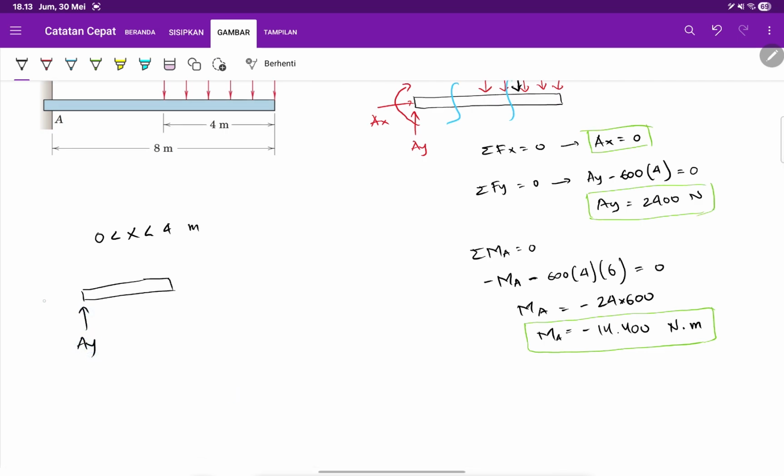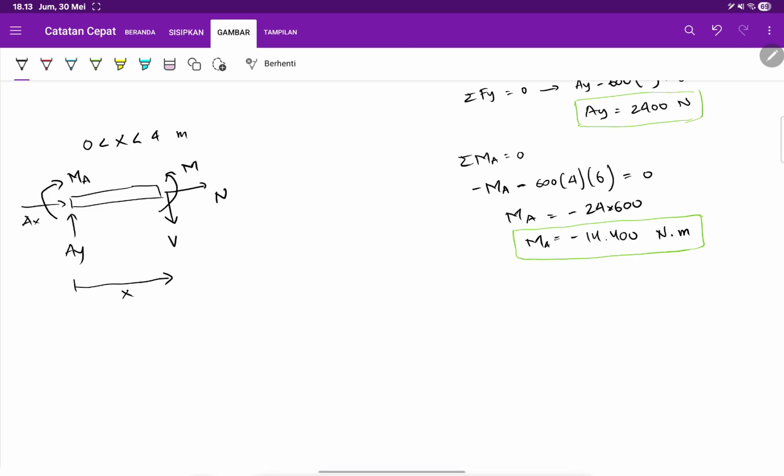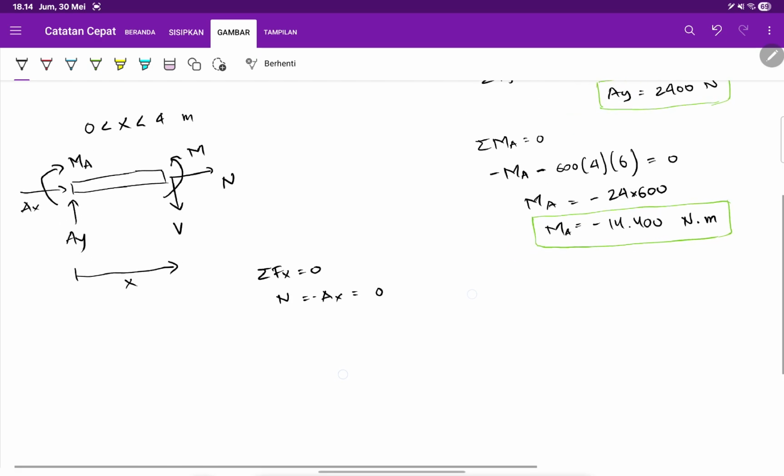And then you have this AY, you have AX, you have MA, and then you have V, N, and M at the sectioning point. The location of the sectioning we call x, where x is the variable from 0 to 4. So if you check N, sigma Fx equals 0, your N will become AX minus AX and then become 0, right?